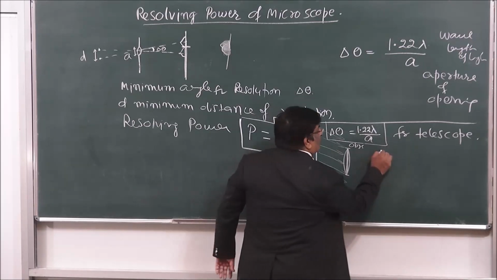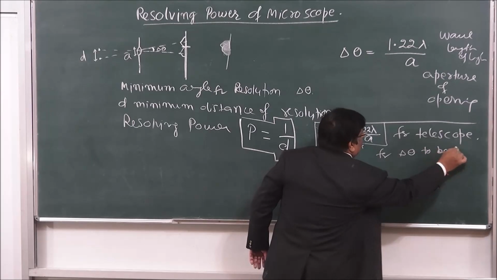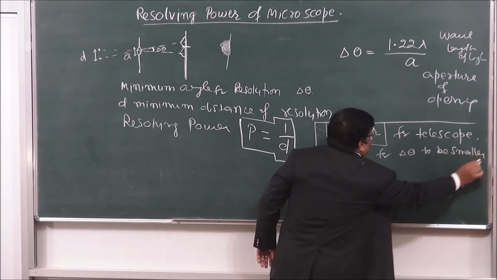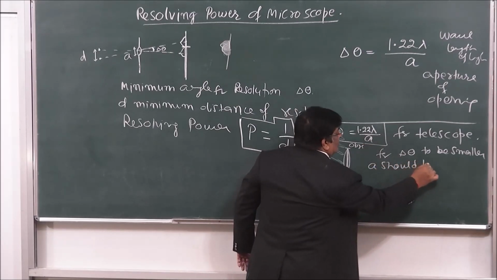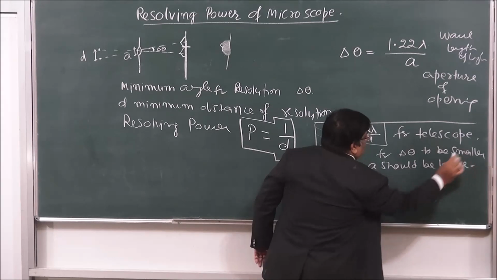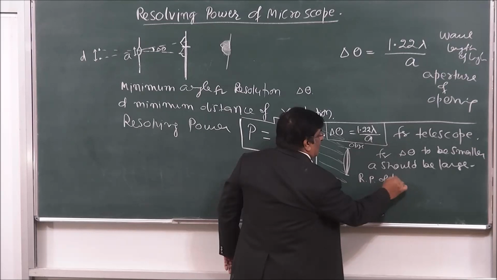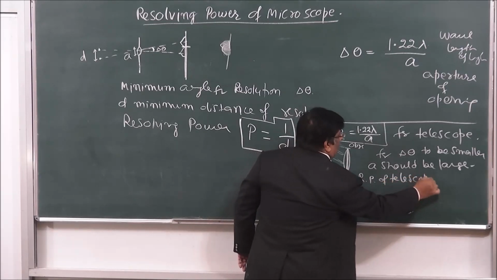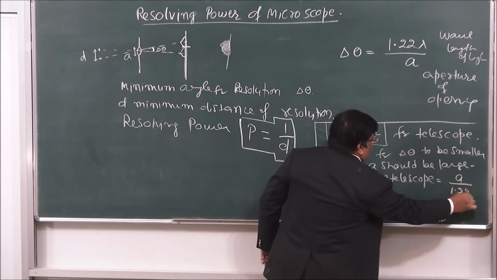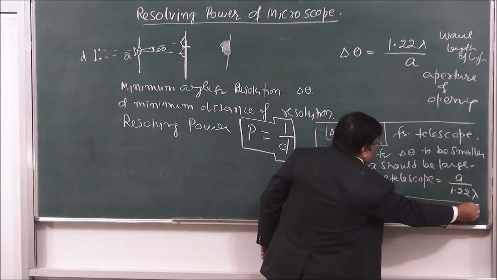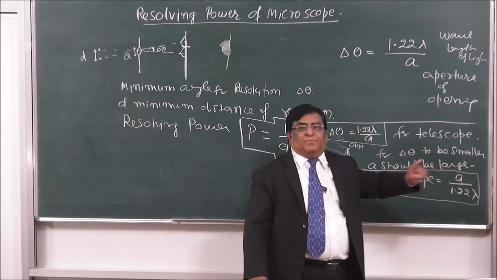So, for delta theta to be smaller, A should be large. So what is resolving power? Resolving power of telescope is equal to A upon 1.22 lambda. This is resolving power of telescope. Very simple. So aperture should be as large as possible.